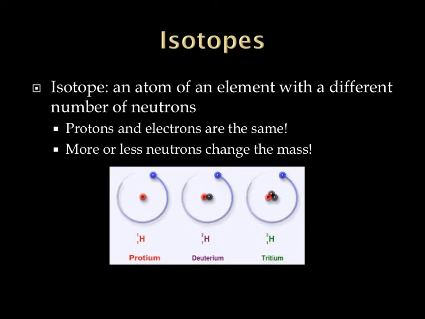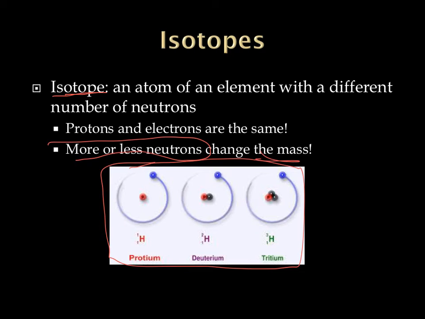Let's talk about a really important type of atom called an isotope. You can see here the definition of an isotope. Every element has more than one isotope. Right here, you can see there are three different forms of hydrogen. The protons and electrons are the same in isotopes. However, there are more or fewer neutrons, and that changes the mass. Here's a way of writing these isotopes.